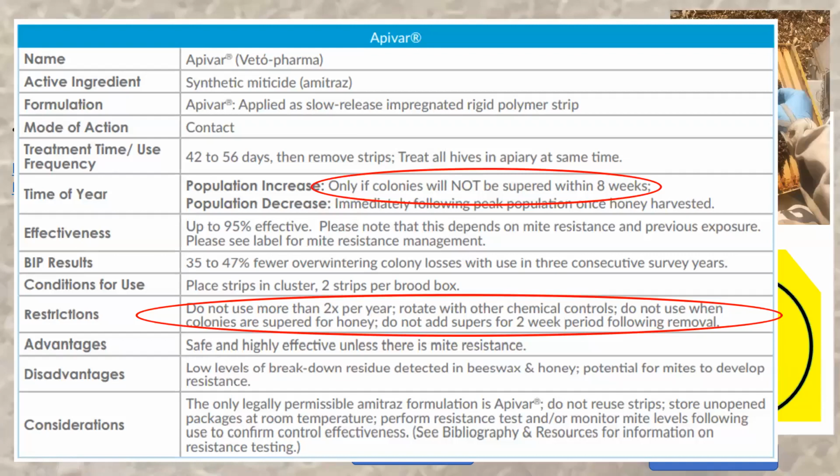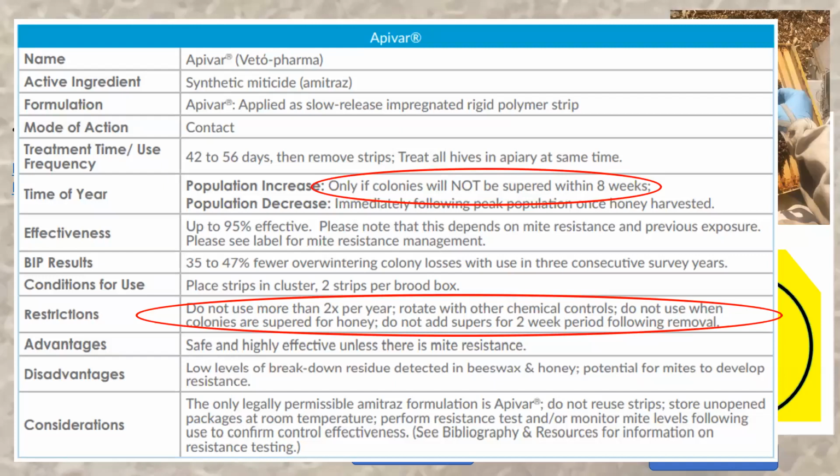That doesn't mean that Apivar is better than Formic. It just means that it's more effective. They work great in conjunction with each other. I'm treating with two different things at different times of year so that my varroa mites don't build a resilience against one chemical or the other.